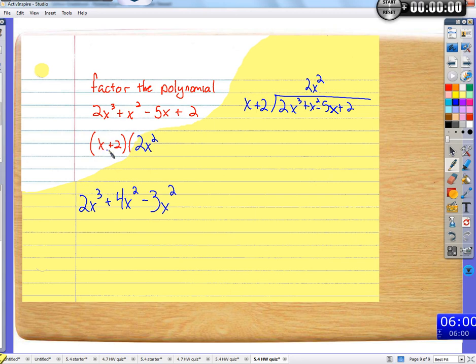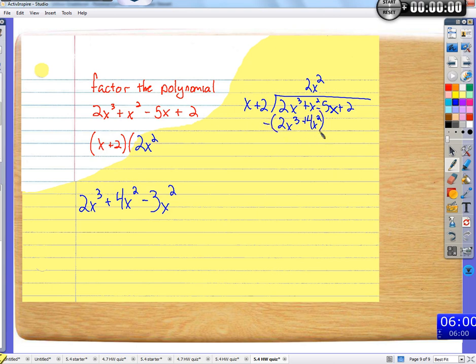And then we check and see how we're doing so far. 2x squared times x is 2x cubed. 2x squared times 2 is 4x squared. And so what we notice in the long division, they're lined up right there next to each other. You can see it's not lining up the way you wanted it to. You wanted to get x squared, but you got 4x squared.